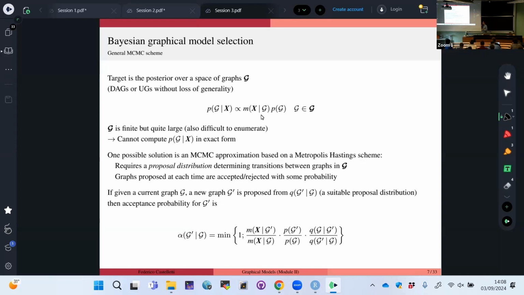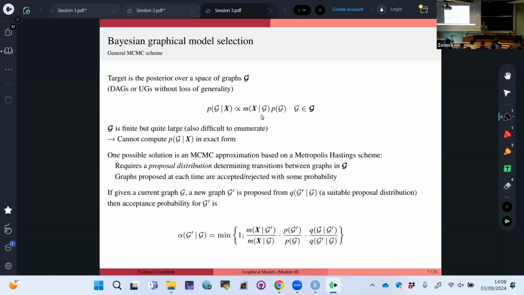So something which determines the transition from one graph to another one. Basically, this is a sort of Markov chain over the space of graphs. And then whenever we propose a graph from this proposal distribution, we will need to decide whether to accept or reject the proposed graph.